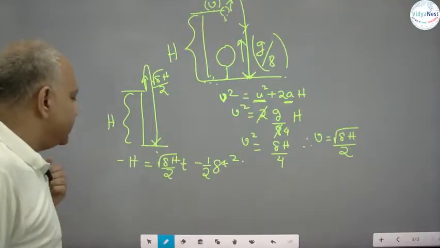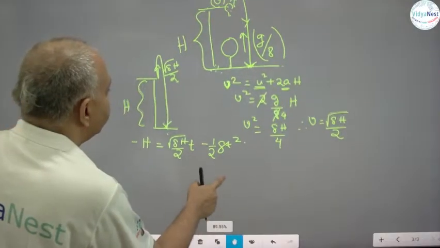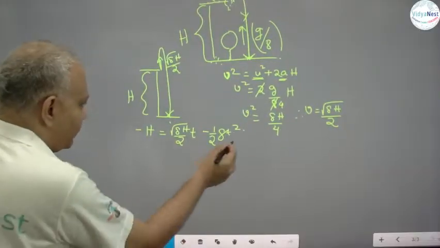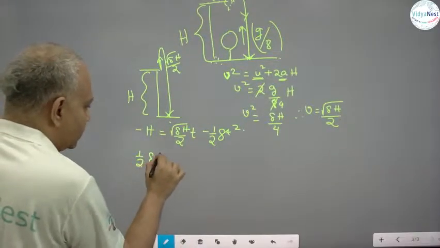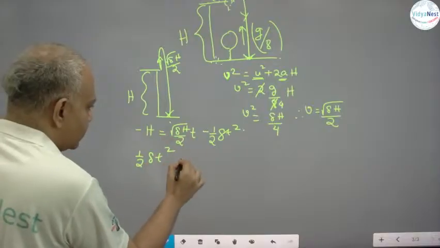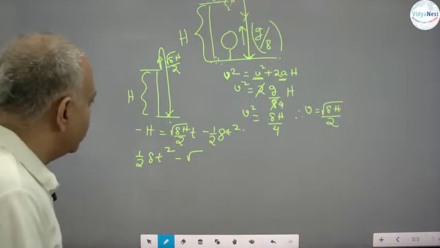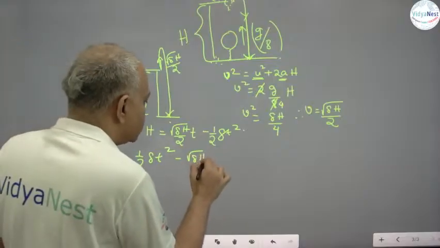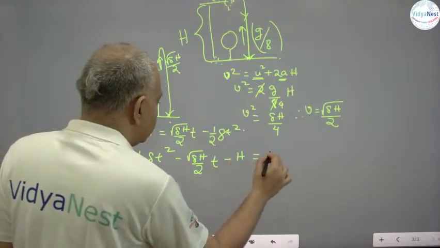Simple thing. Now we are going to simplify this. Put half g t square in this direction, and root over gh by 2 t minus of h is equal to 0.